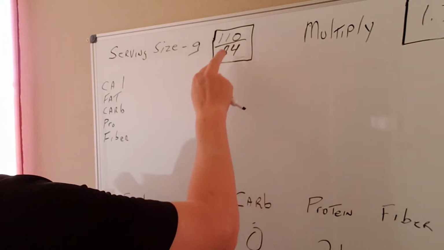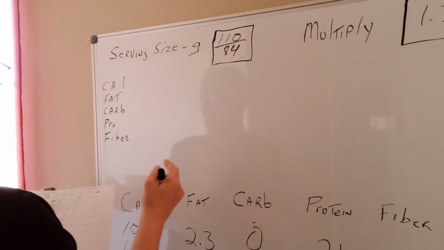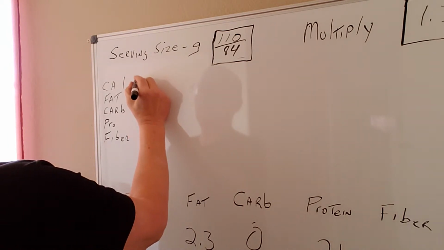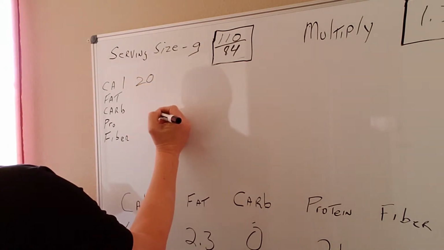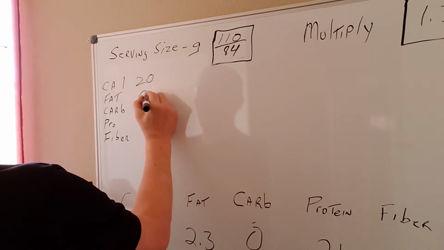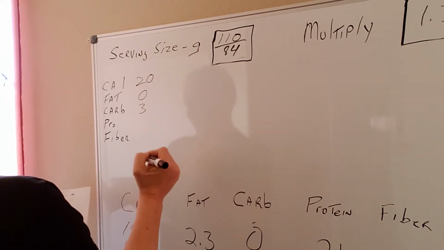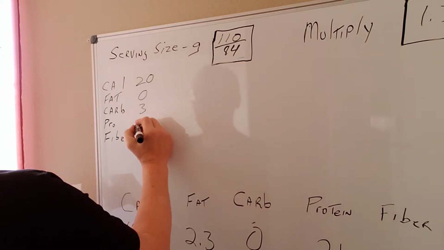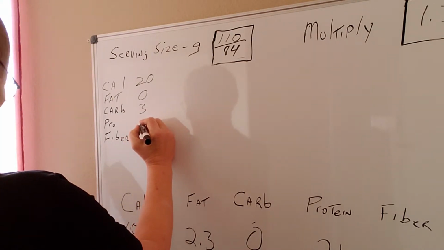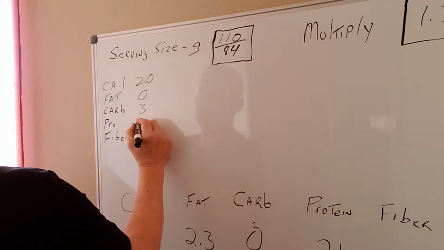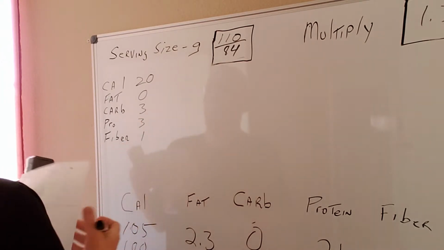Calories for 84 grams is 20. So 20 calories of that, 0 fat. Carbohydrates is 3. Protein is 1. I'm sorry, protein is 3. And fiber is 1.